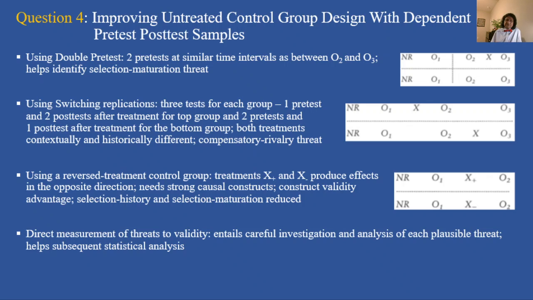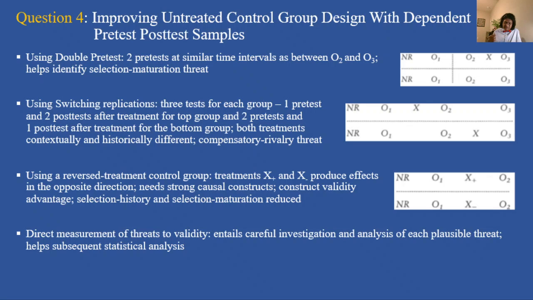Now, this should be avoided, and each plausible threat should be addressed. There are possible threats, but one has to know the plausible threats through a priori knowledge or through other evidence and through certain analysis at the start of the study.